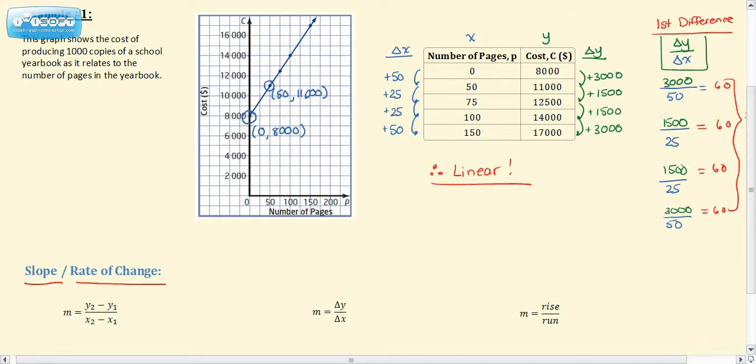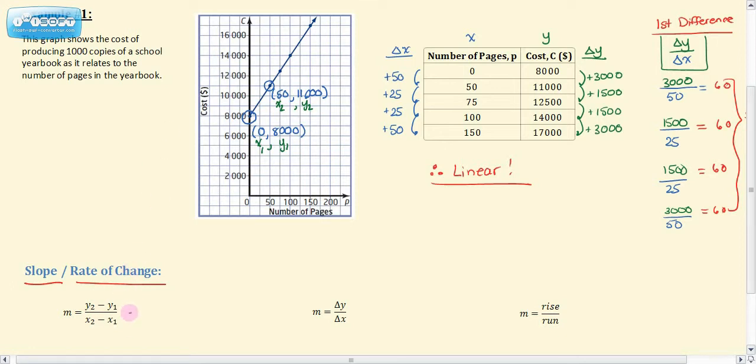If you recall, this is my first x value, this is my second x value, as I always choose my first point from the furthest left to the furthest right. Then I have my first y value and my second y value. So I can then plug these numbers into my equation.